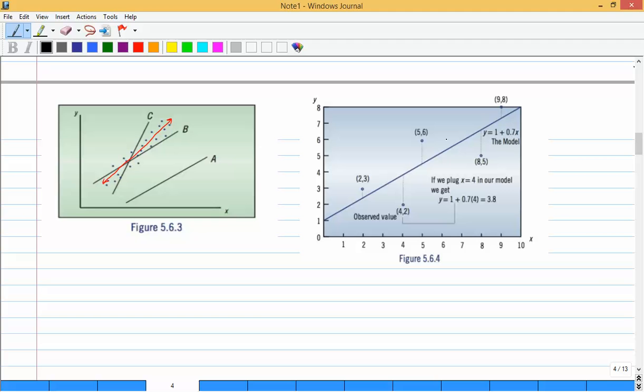And you can see the observed distance from the point to the line, or from all of these points to the line. Those are all observed distances. The observed value.